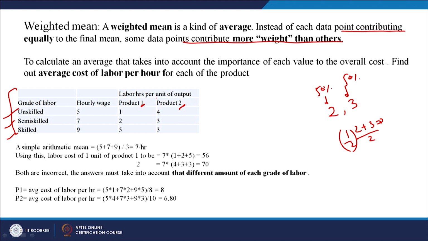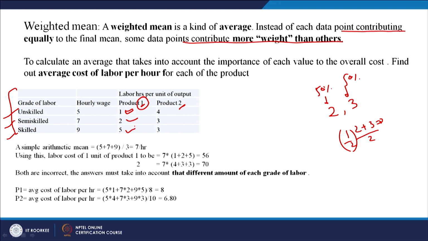So, the labor hours per unit of output is as follows. To make 1 unit of product 1, the labor requirement is 1 hour as far as unskilled labor is concerned, 2 for semi skilled and 5 for skilled.